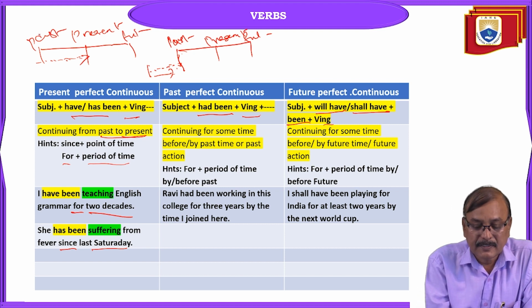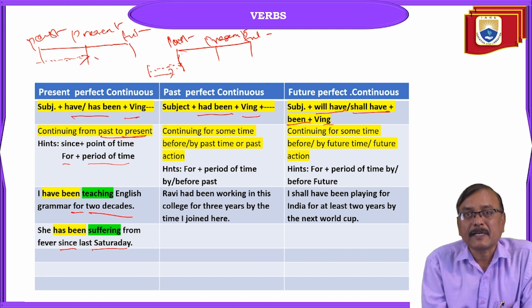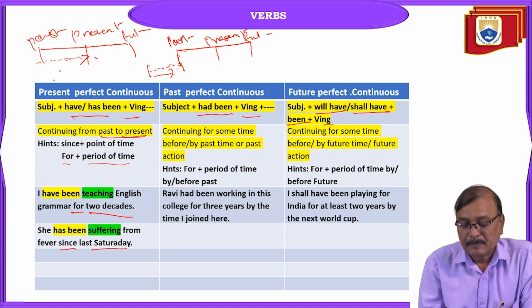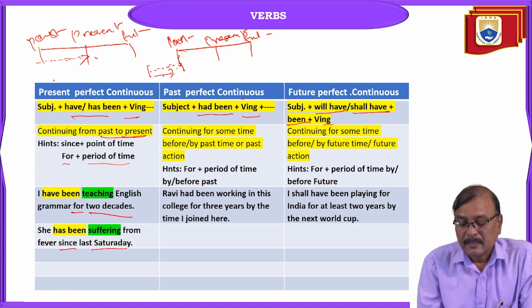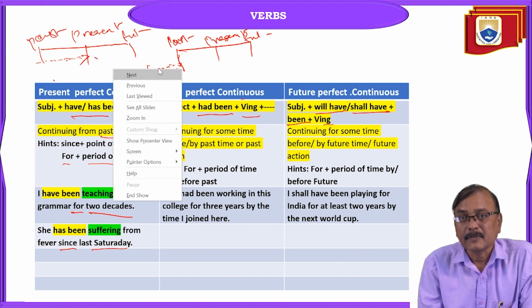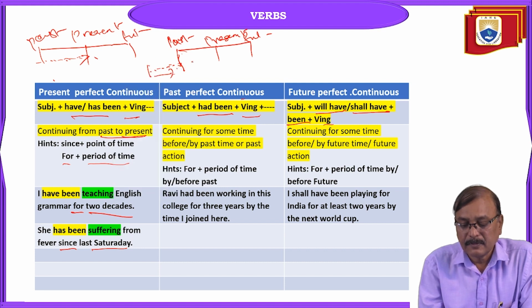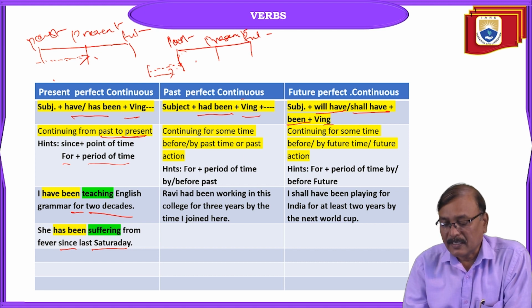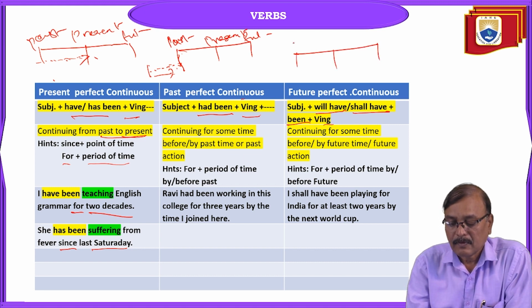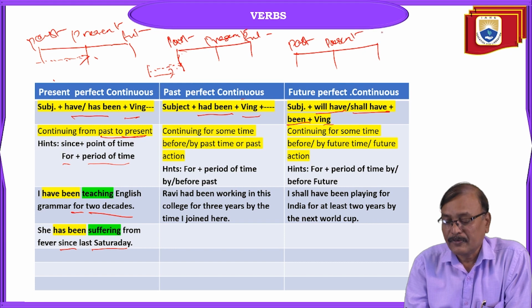Present perfect continuous started in past and continuing up to present. This is past perfect continuous started in past and continuing up to this time. Okay, past to past only. And you see here, past, present and future.